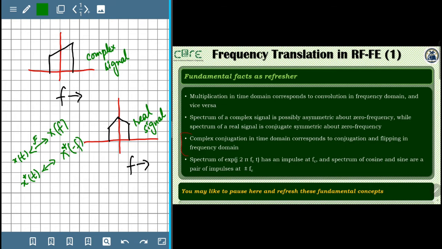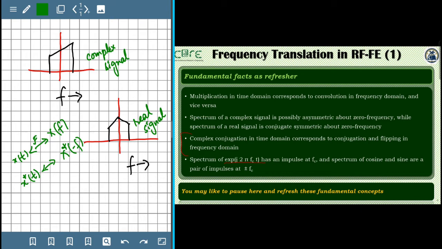And the fourth fact that we will be using very often in this tutorial is the spectrum of the signal exp j 2 pi fct, a complex exponential with the argument 2 pi fct. The Fourier transform of this has an impulse at fc, which is then referred to as the center frequency or the carrier frequency, and the spectrum of cosine and sine are basically a pair of impulses at plus minus fc.